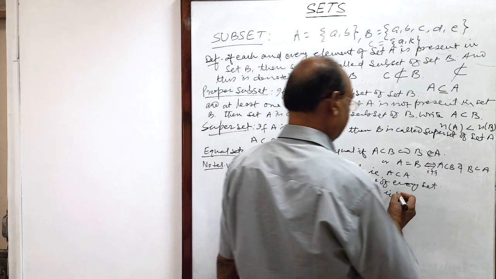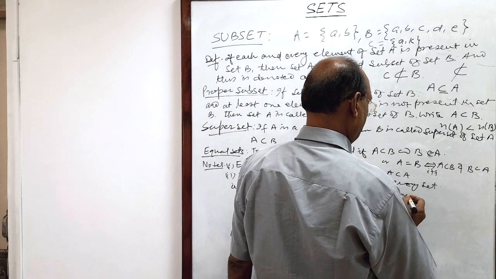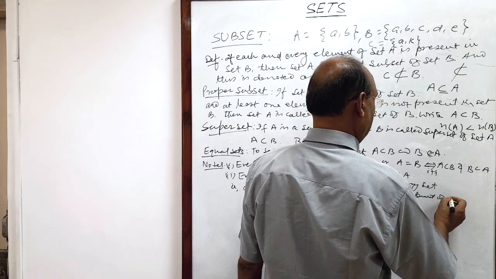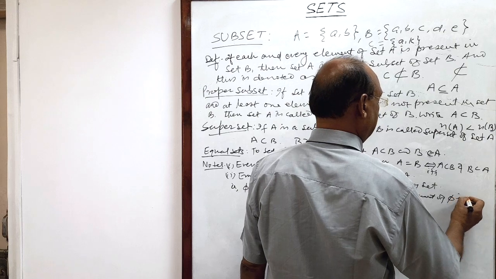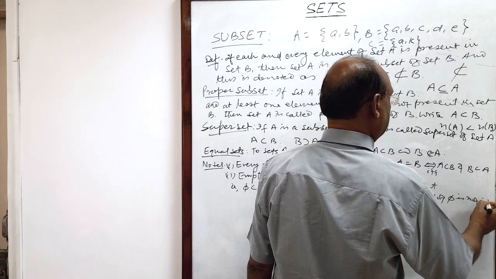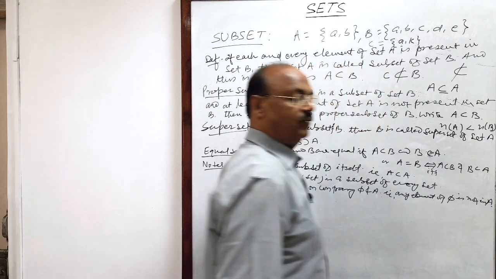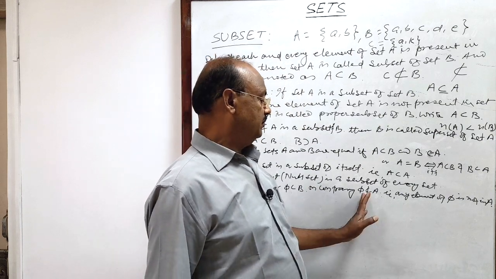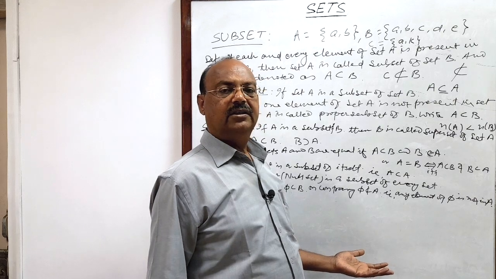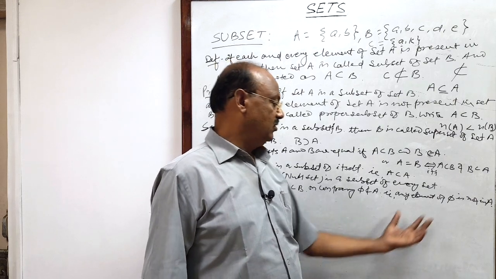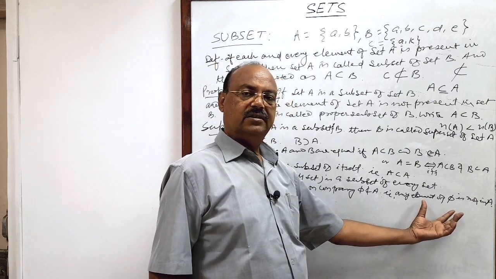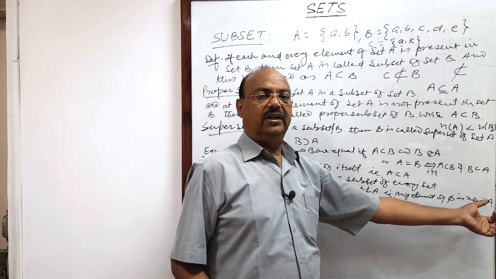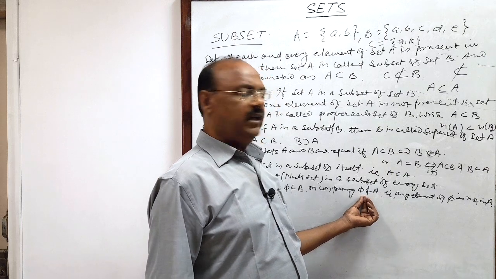That is, any element of null set phi is not in set A. But this is not possible. Why? Because phi is not having any element. Phi is empty set. So this question doesn't arise. Which question? That any element of phi is not in A. There cannot be any element.